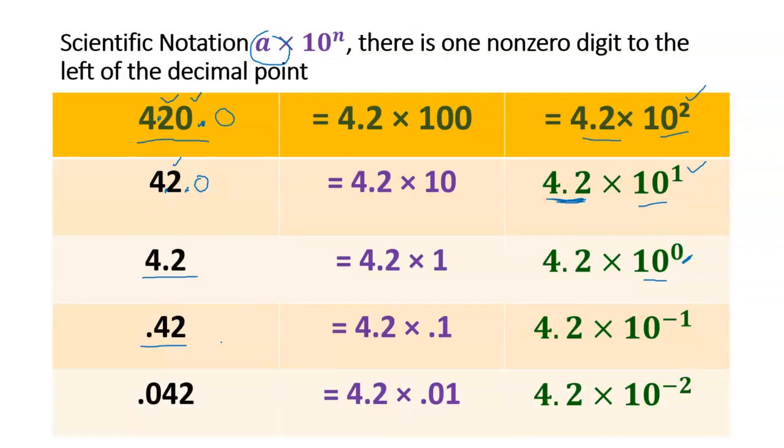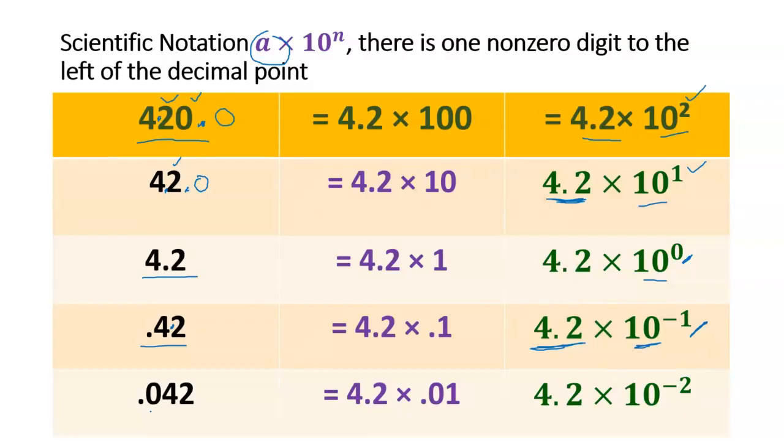The next is 0.42. Now, a has to be 1 or more. This is less than 1, so we need to move the decimal right there. We made the number bigger than the original number by moving one place, and therefore my power here becomes negative 1.